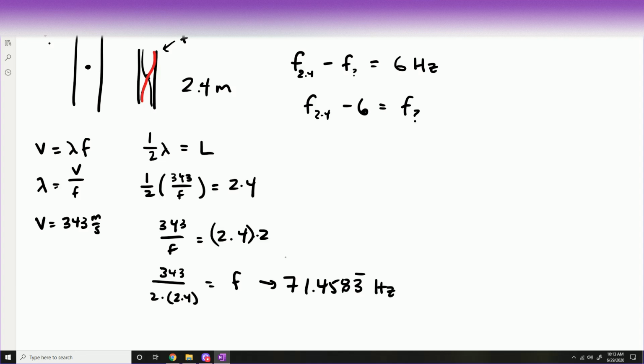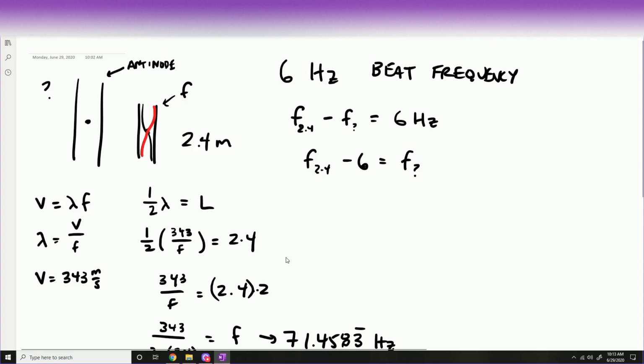Now we just said earlier, knowing that the beat frequency is 6 hertz means that these two frequencies are 6 apart from each other. So the difference between them is 6 hertz. So there's two ways you can go from it. You can either add 6 hertz to it or subtract 6 hertz to see which way it goes. Now I'm saying that we're subtracting 6 from this because we know that a smaller tube is going to produce a higher pitched noise, so therefore I'm going to subtract 6 from this.